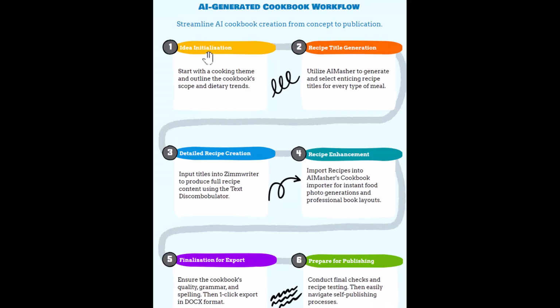We started with an idea, a one-pan idea. We generated our recipe titles inside AIMasher. We saved it as a text file, copied the content of the text file into Zimmwriter to create the recipes. Then once we had the recipes in a CSV, we imported them into the Cookbook importer.